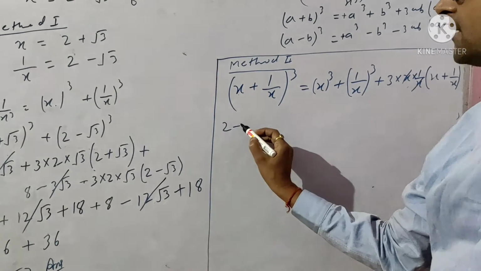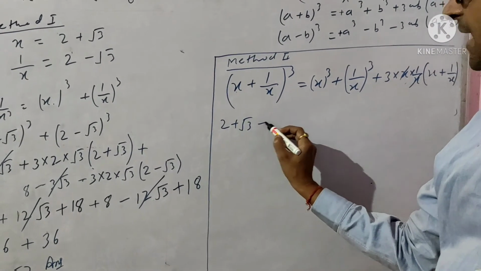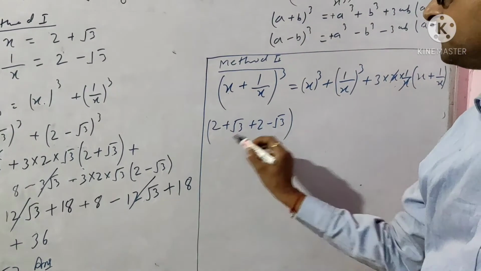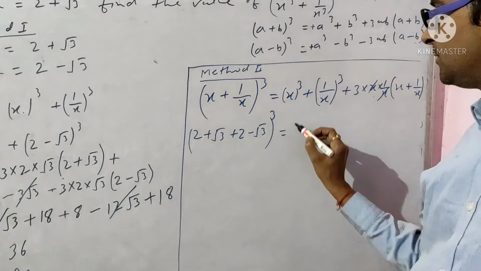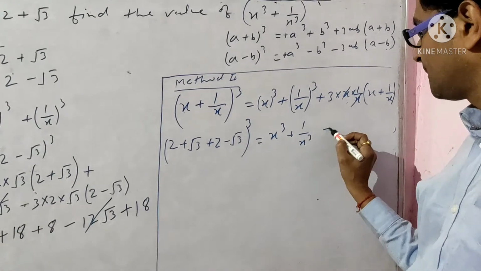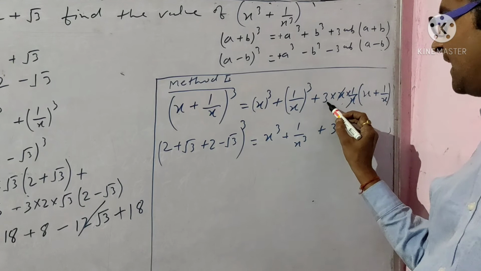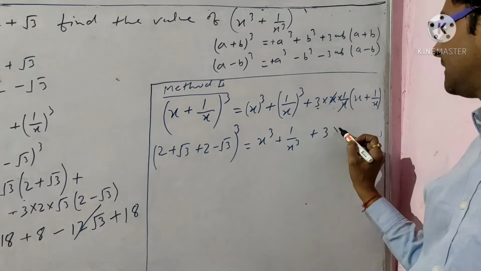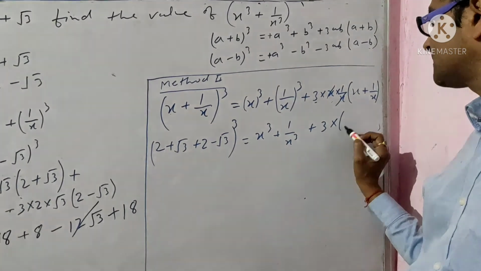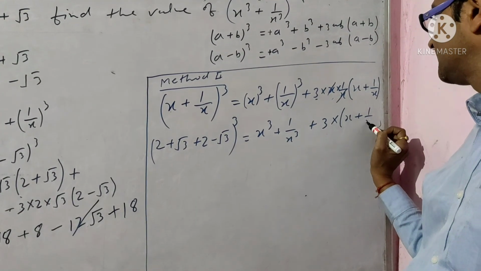So (2 plus root 3 plus 2 minus root 3) whole cube is equal to x cube plus 1 by x cube plus 3. Here is only 3 value, and x plus 1 by x, the value of x plus 1 by x.